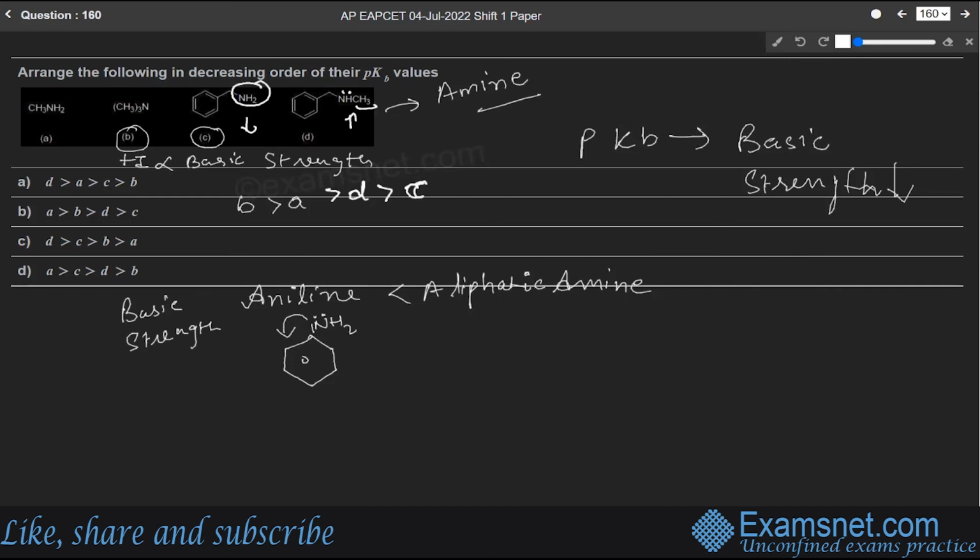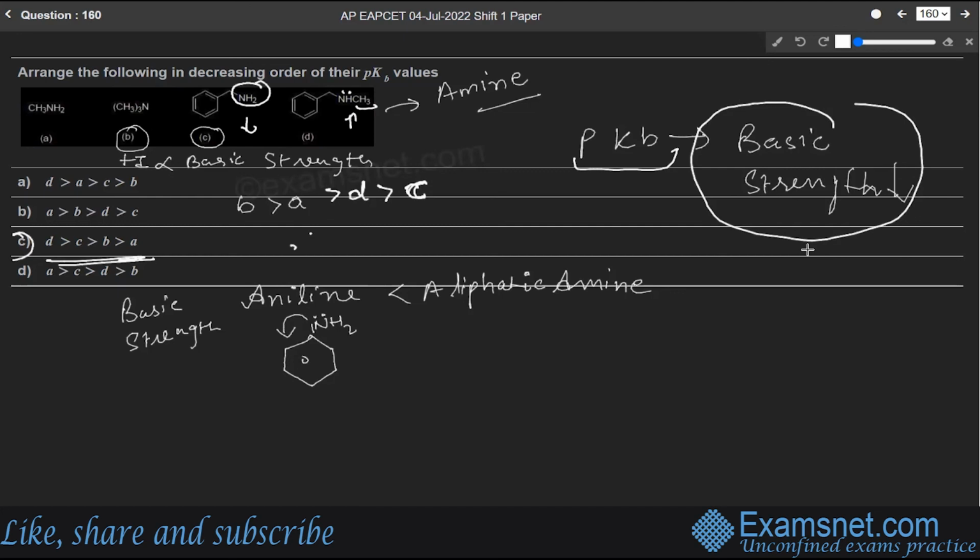So let's reverse the order for the pKb value. pKb is something which has a lower basic strength. So what would the correct order be? Why are we getting this wrong? B, A, D, C. D, C, B, A. A would have the lower basicity.